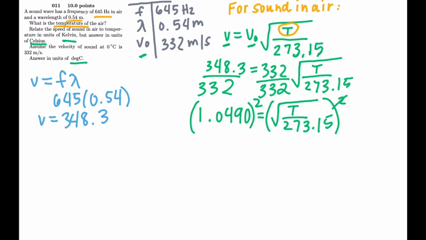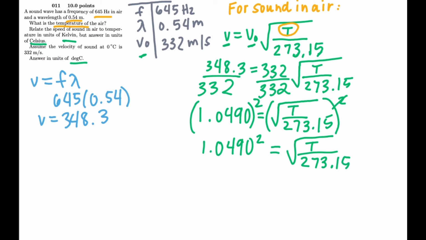You can put this into your calculator if you want, but basically what we get is 1.0490 squared equals T over 273.15. So it's just like a regular fraction, basically.